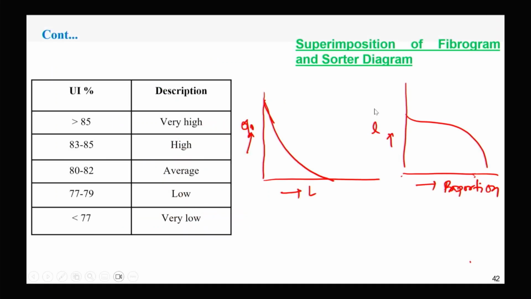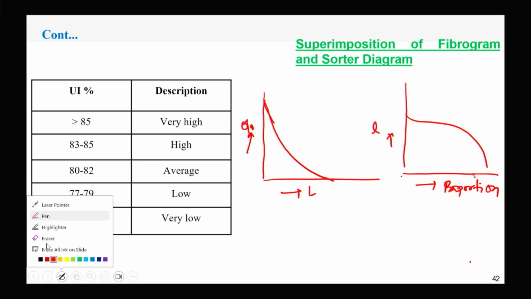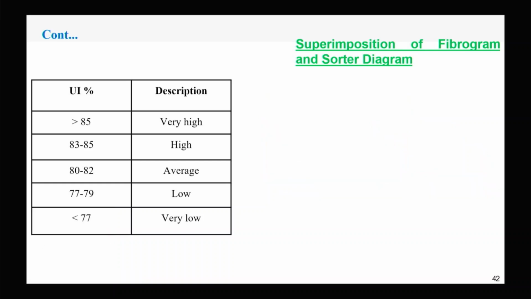Okay, now if we imagine, during the fibrogram, what we are doing, we have developed one system which will pick the fibers. So in the normal case, we are selecting preferentially the longer fiber, okay, and there is a fold.